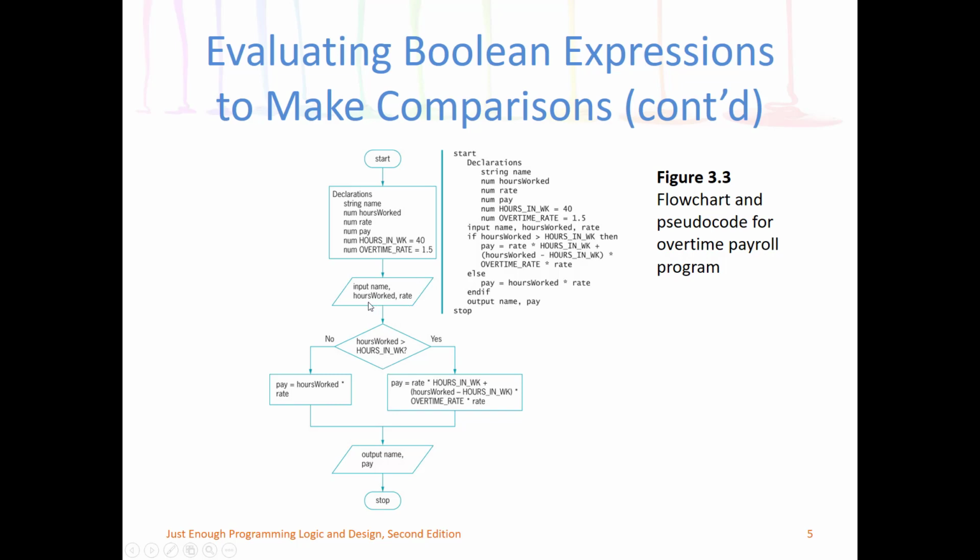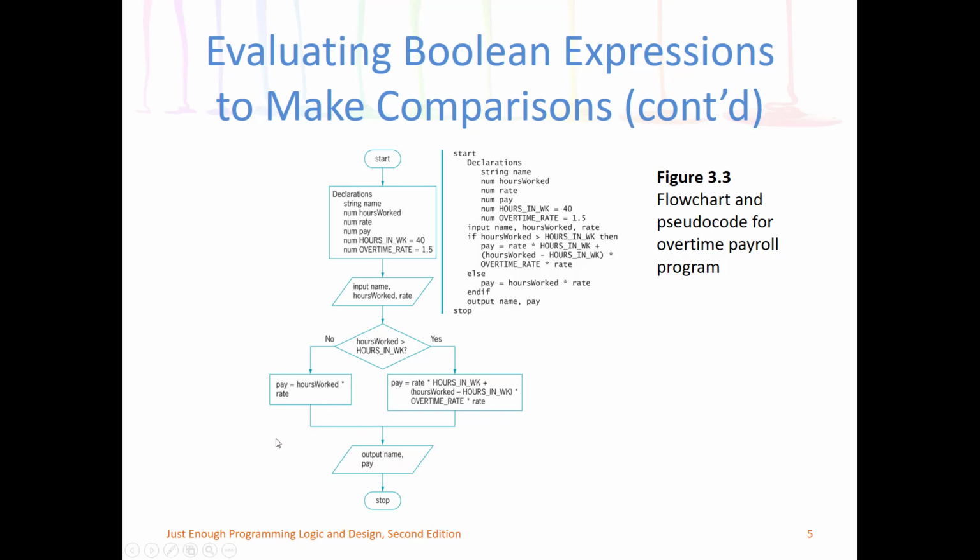And then you're looking at one of the inputs, hours worked. Notice we have a constant here. 40 is our hours in week. Is hours worked greater than 40? If yes, then we have to calculate the pay plus the overtime. If it's not greater than 40, it must be 40 or less. So then we just do standard pay rate. And you output the name and the pay.